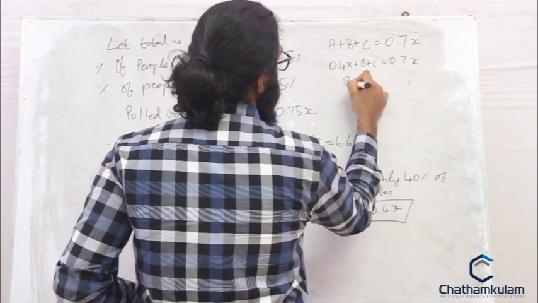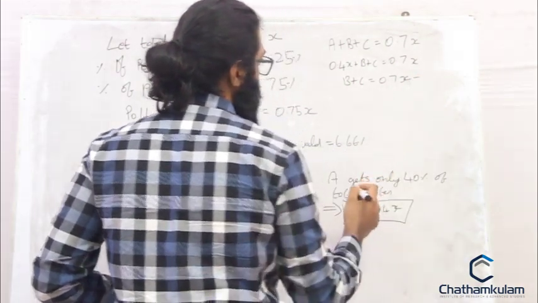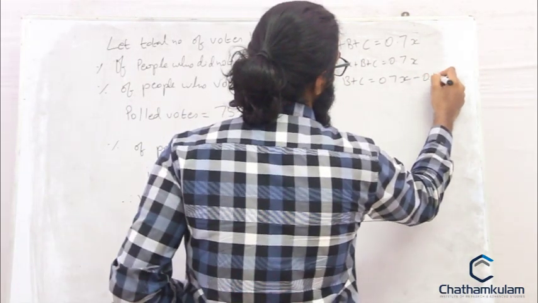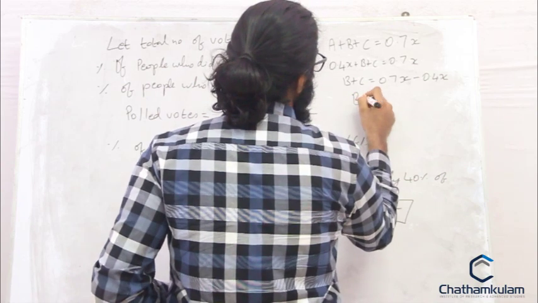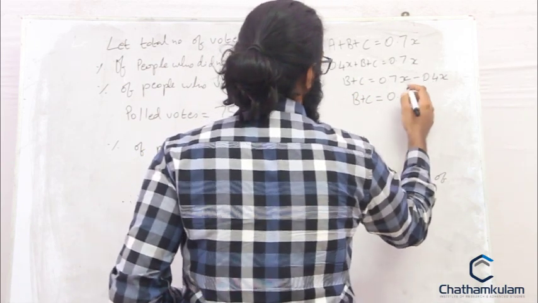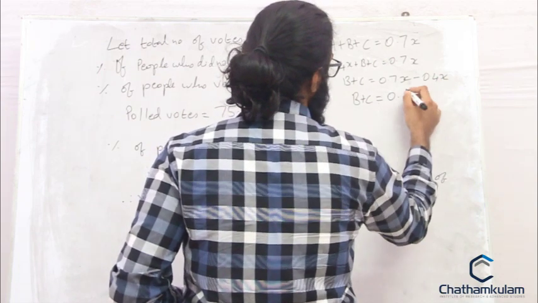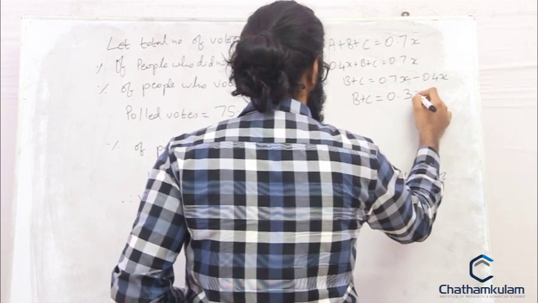Therefore B plus C equals 0.7x minus 0.4x. Subtracting 0.4 from 0.7, we get 0.3x.